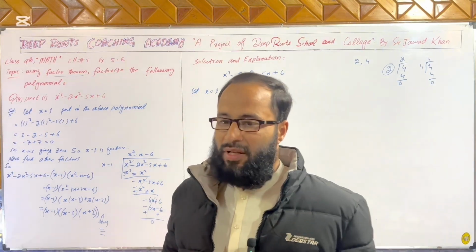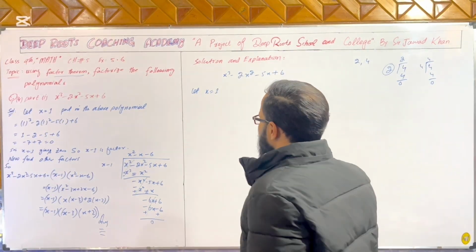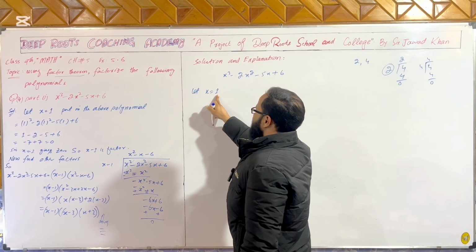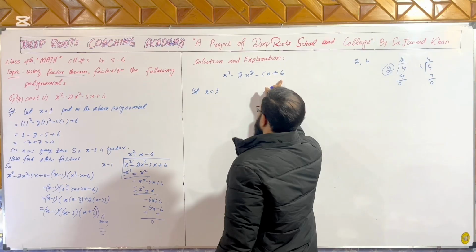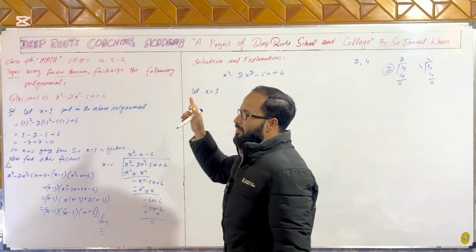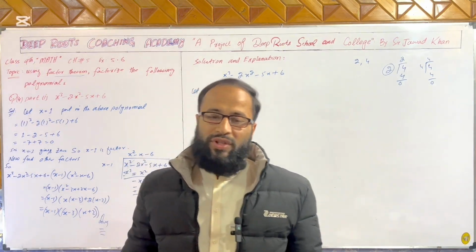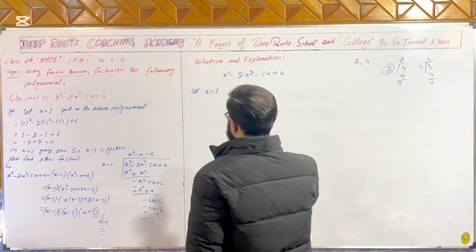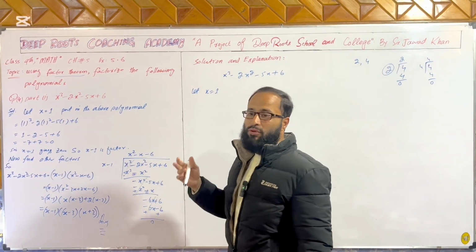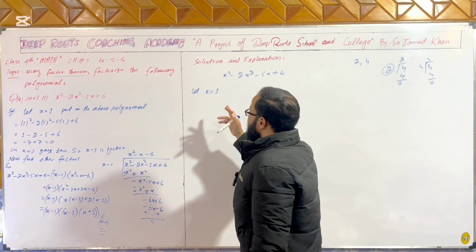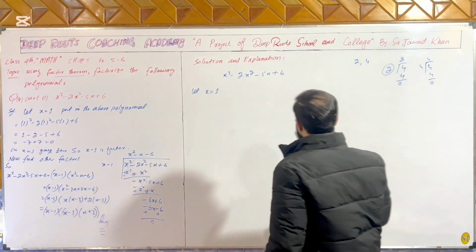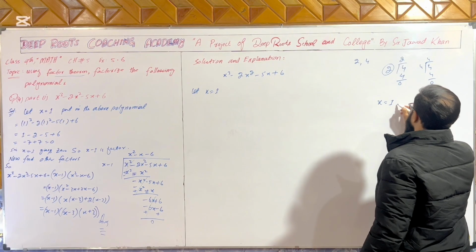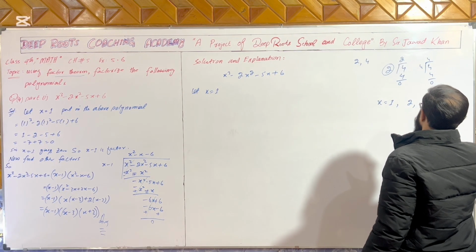If, say for example, it doesn't work, means x is equal to 1, I am putting 1 and it does not give us 0. So then we will check x is equal to 2, and x is equal to 3, or x is equal to minus 1, minus 2, minus 3. Like x is equal to 1, x is equal to 2, x is equal to 3.